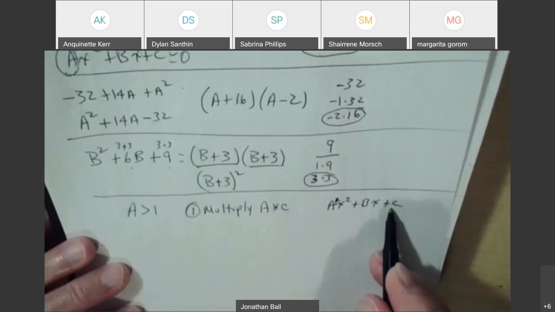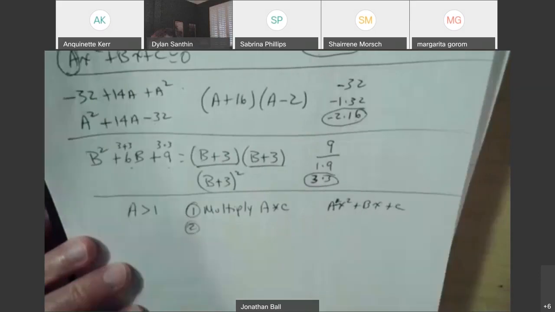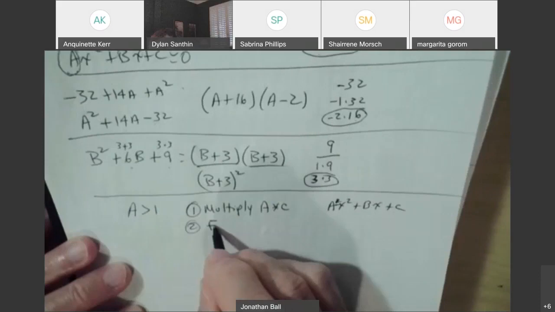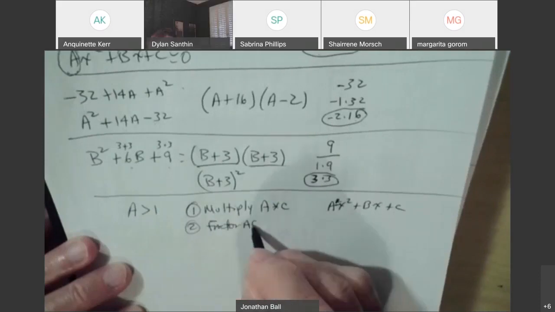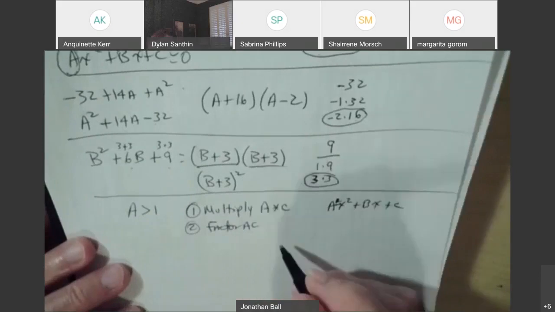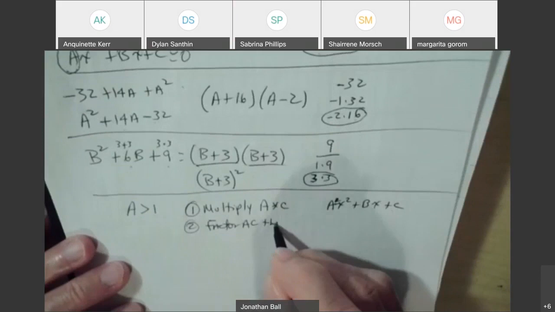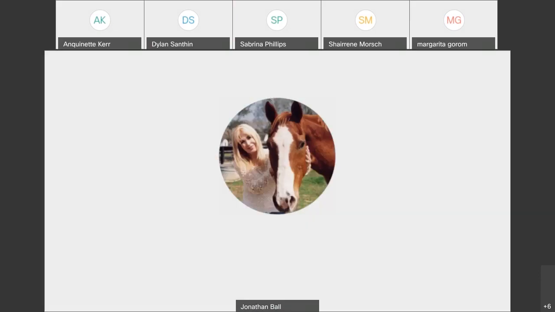Number 2 is you factor ac so that it equals b. Number 3 is rewrite the linear term.